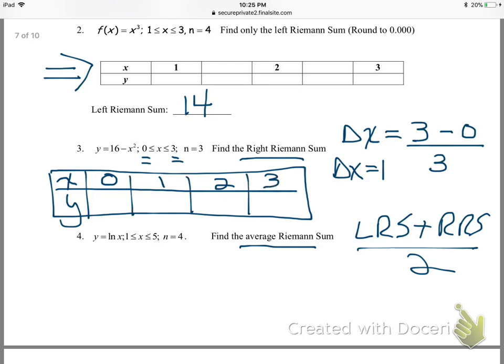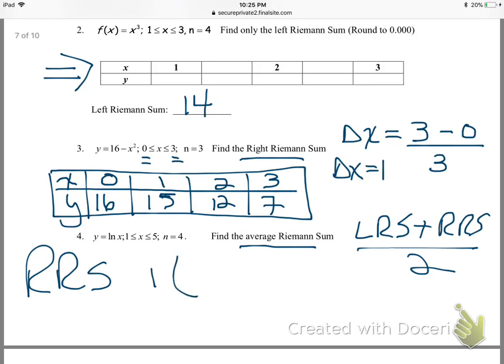You would then go to your graphing calculator, set up your table the way we spoke about. So I'm getting 16, 15, that's a 15, 12, and 7. So if I do right Riemann sum, my increments are 1, so 1 times, okay, right Riemann sum means that I'm going to use these values to get my 3 rectangles.